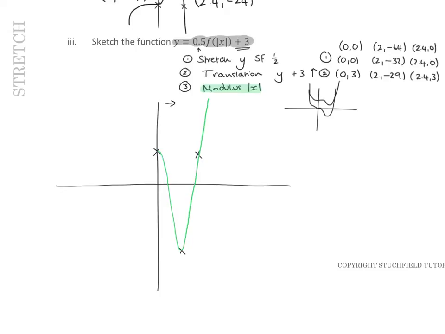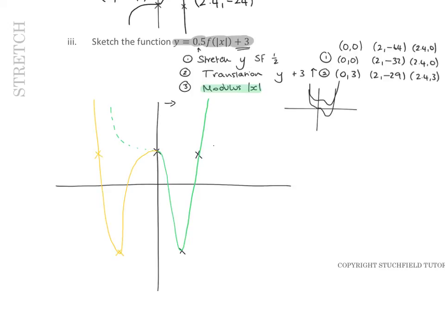And rather than what would normally happen, which is this, in fact, this whole section is reflected. So we have some extra coordinates to label.